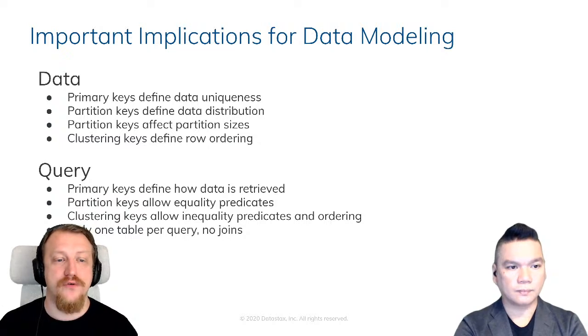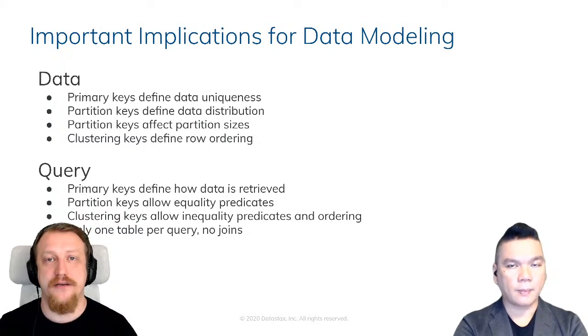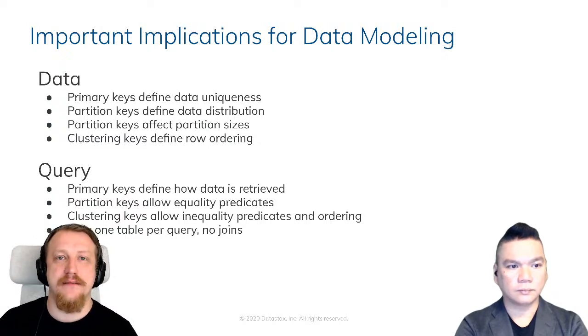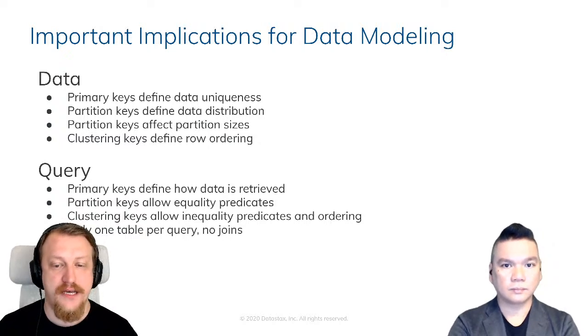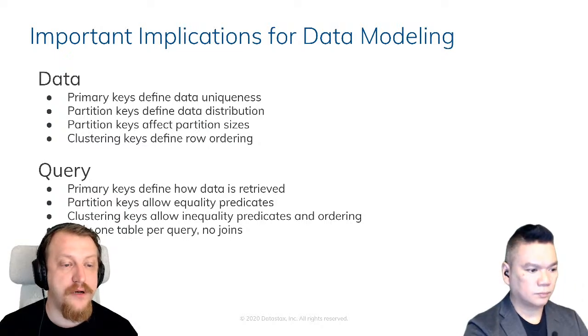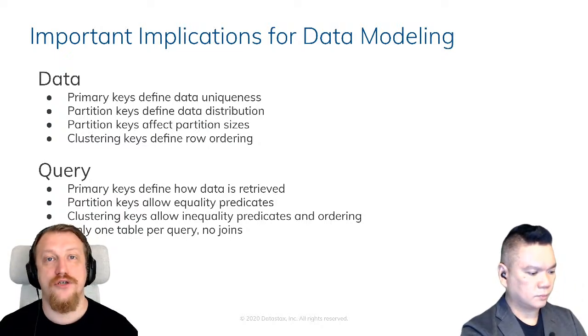But you cannot use where x is bigger than, or x is smaller than. Inequalities on the partition lead to exactly the same problem. We don't know which server to ask. Clustering keys allow inequality predicates and ordering. Very good. And finally, only one table per query, no joins.